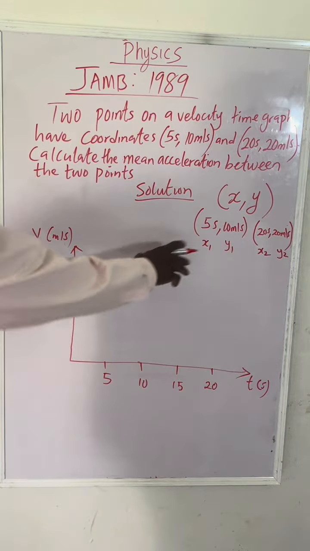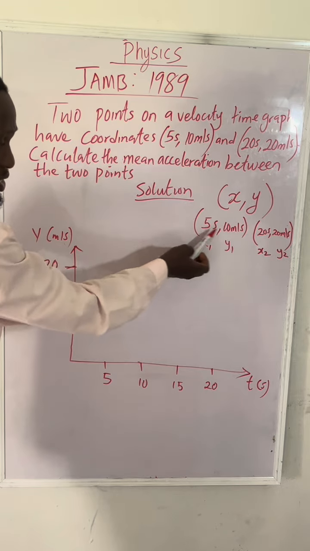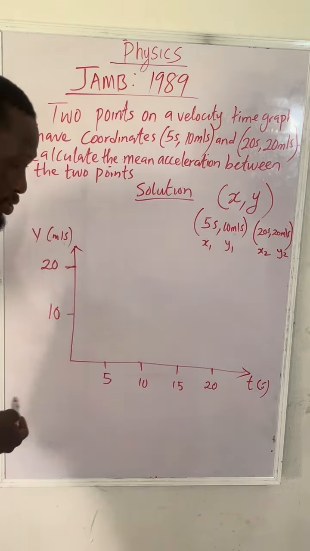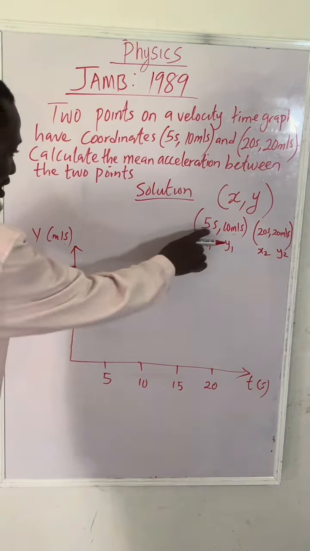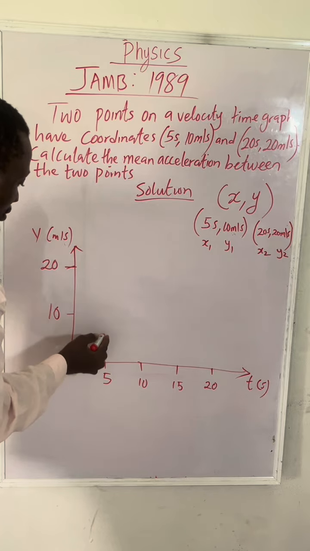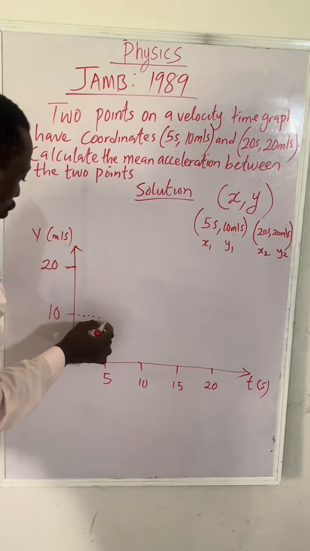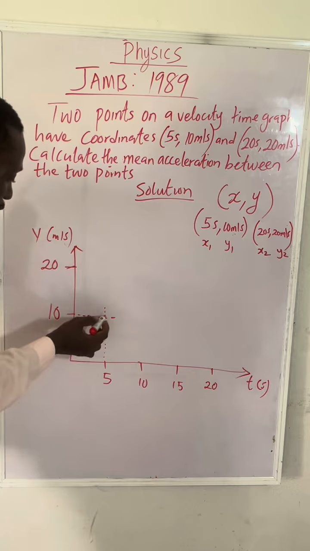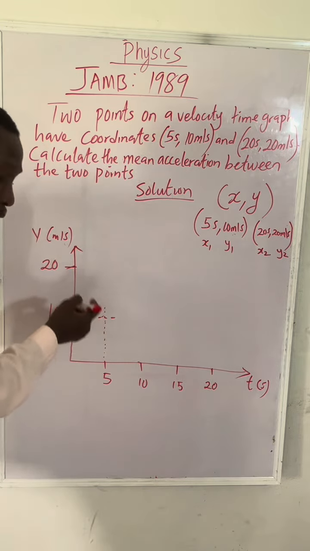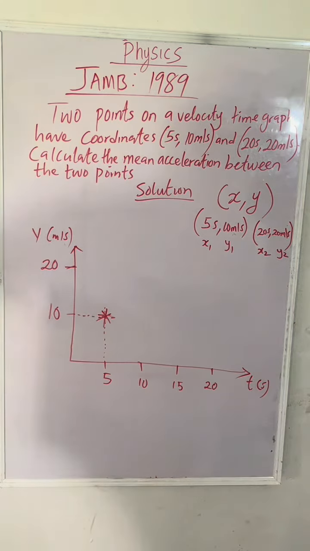So now, when the time is 5 seconds, the velocity is 10 meters per second. So I'm going to say, okay, the time is 5 seconds here. The velocity is 10 meters per second. It means this. So you're going to mark where they cross each other, where they meet here. This is the point that they meet. So you're going to start that.